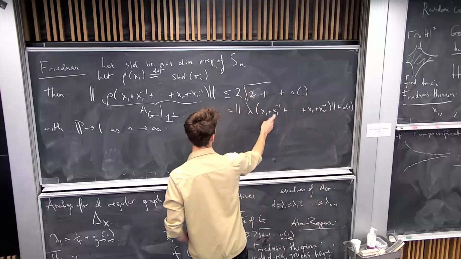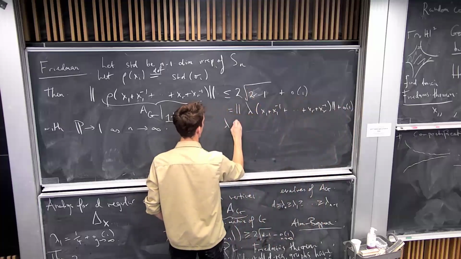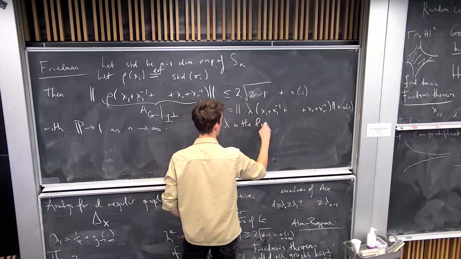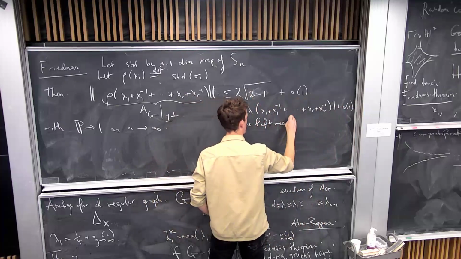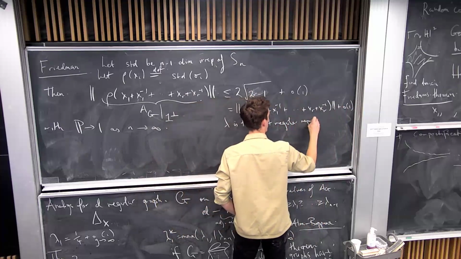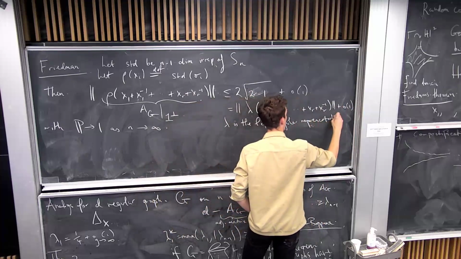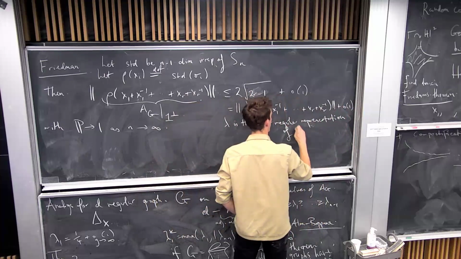This number here is exactly this guy, where lambda is the left regular representation of the free group.